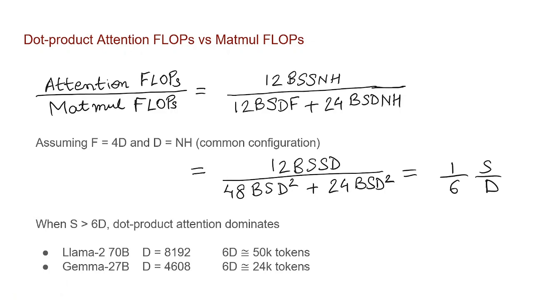So as models become larger, the D dimension usually becomes bigger. And as D becomes bigger, that's an indication that we are doing quite a lot of computation in the position-wise feed-forward network. And the sequence length at which the dot product attention starts dominating also becomes larger.